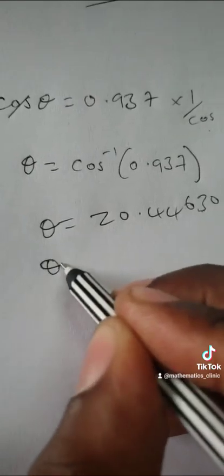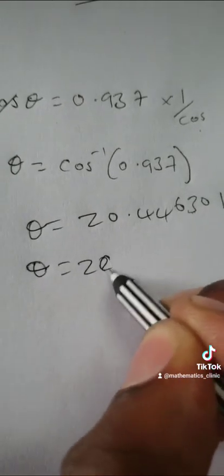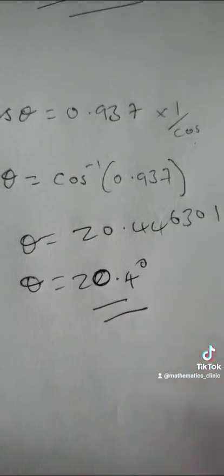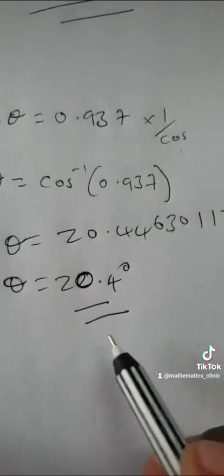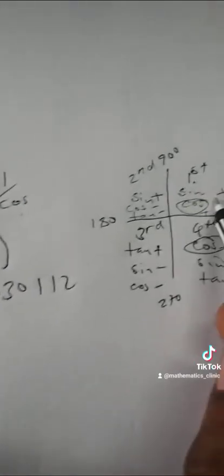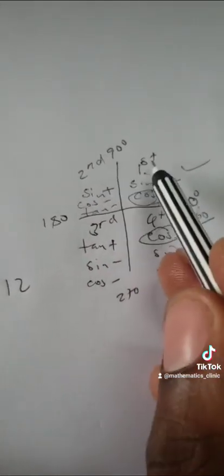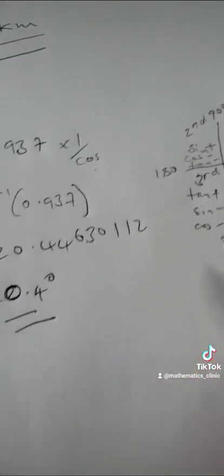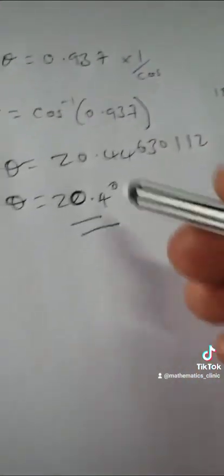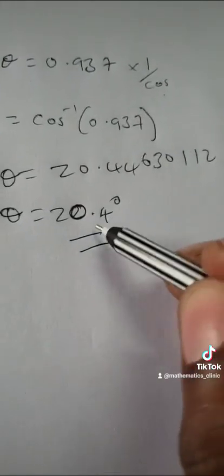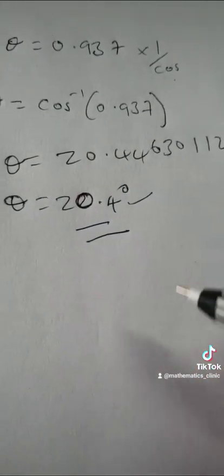Leaving our answer in 1 decimal place, theta is 20.4 degrees. That is in the first quadrant, because we said the range is from 0 to 90, and 20 is inside there. So it satisfies that indeed theta is in the first quadrant.